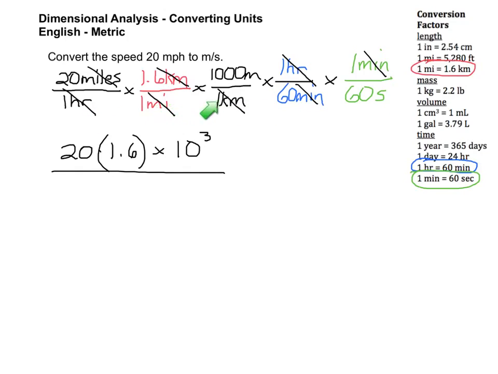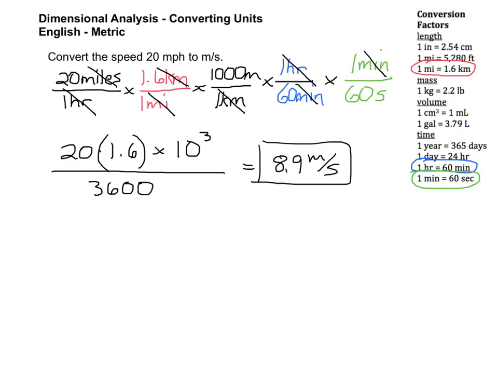So 1 times 1 times 1 is 1, and 60 times 60 is 3,600. Now I suggest you use your calculator for this part, and when you do, you will find the answer to be 8.9 meters per second. So 20 miles per hour is roughly 8.9 meters per second.